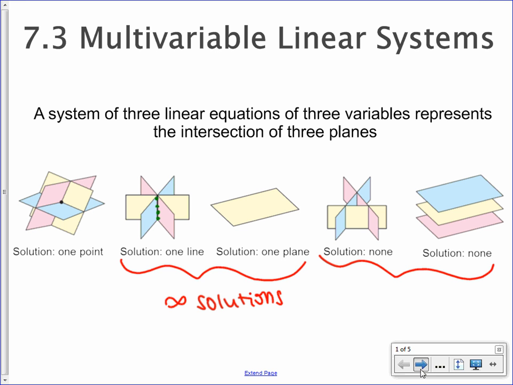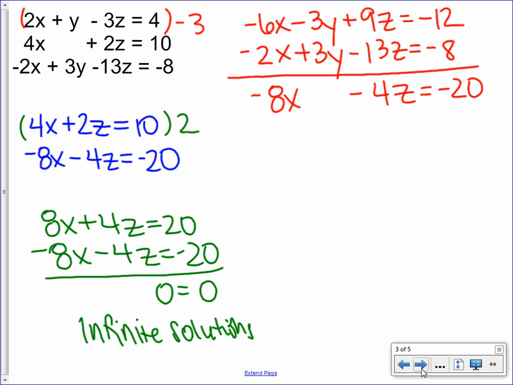So if you get to a point where you have an infinite number of solutions, what we are going to do is write a coordinate in terms of a variable a. These all are going to have a relationship because they are on a line. So we are going to pick a variable to be a.